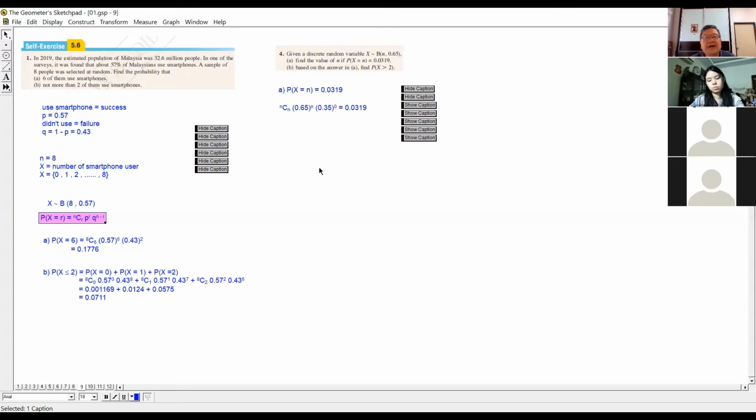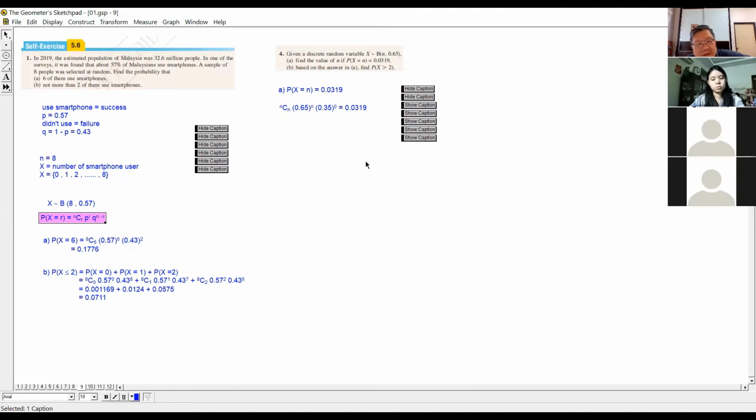Now, can you still remember when we do permutation, combination? When we do combination, I tell you the special value. These are very special value. nCn. What is this nCn? 10 choose 10.